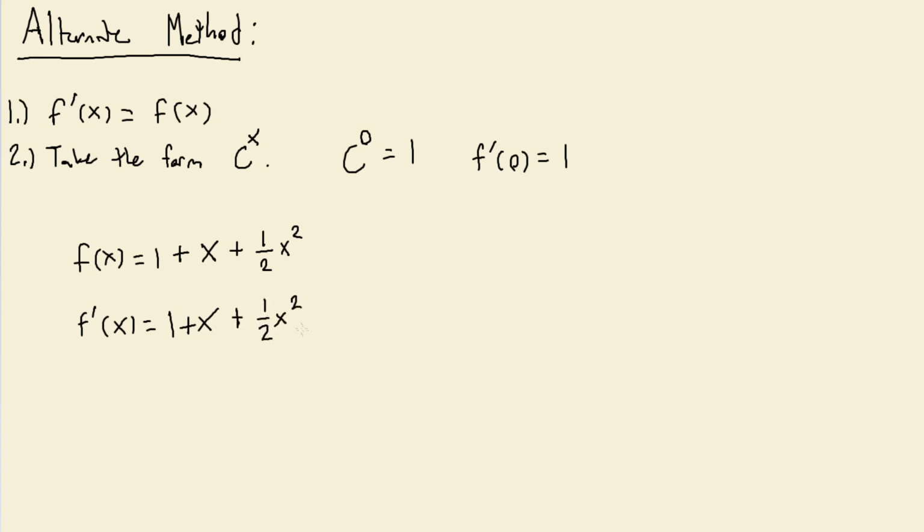And you might be able to imagine that this is going to continue on forever, but let's see what the next term would be. So if we want the derivative of this function to be equal to this expression here, then we know that we would have to have x to the power of 3, because that's going to give us x squared as a derivative. It's going to give us 3x squared to be specific, but let's see, what would we have to put out front in order to get 1/2 if we have a 3 out front?